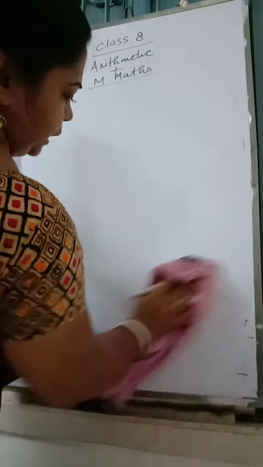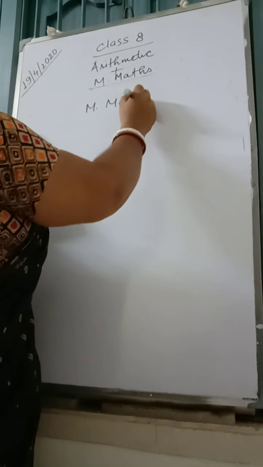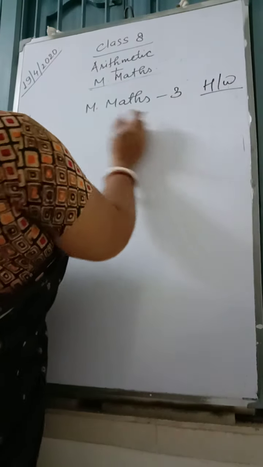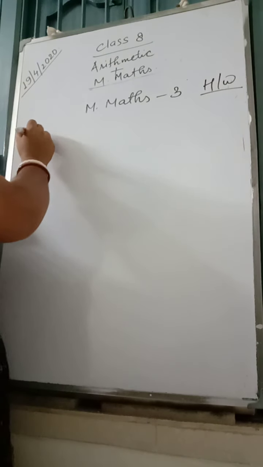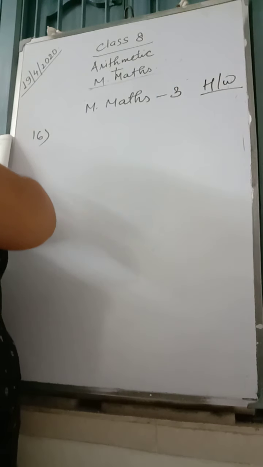This is the mental maths 3 homework, in which the first question to leave is question number 16. Others you can do from the beginning. All the sums you can do except this 16.